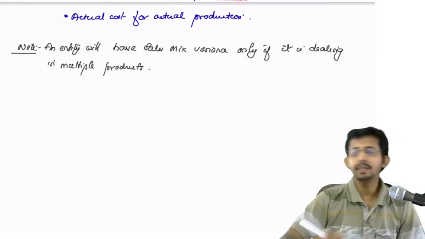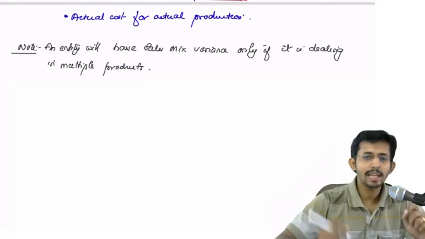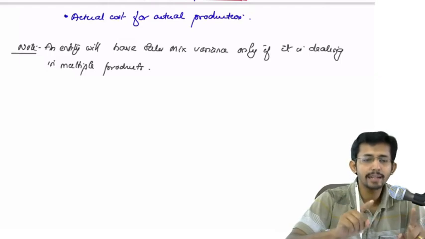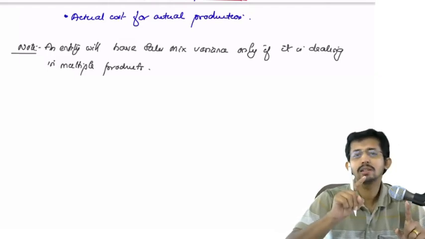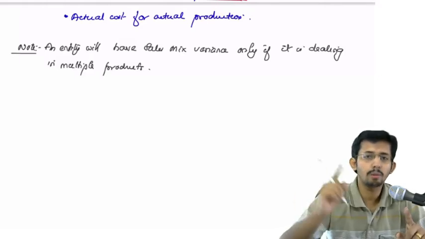And tell me, what is the major cause for the sales mix variance? Sales mix variance occurs when the actual composition of the products is different from the budgeted composition.